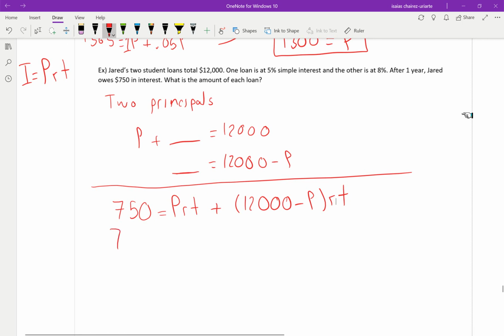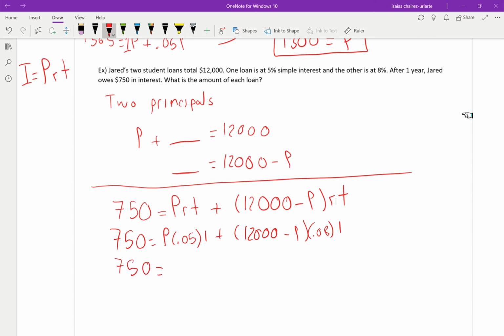So I'm going to say this: 750 equals P times 0.05 times 1, plus 12,000 minus P, times 0.08 times 1. Okay, so that becomes 750 equals 0.05 P plus 12,000 minus P times 0.08.